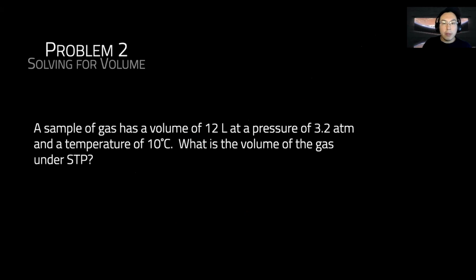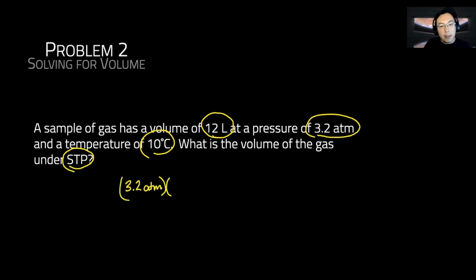And the last problem. So we have a sample of gas at a volume of 12 liters at a pressure of 3.2 atmospheres and a temperature of 10 degrees Celsius. It says, what is the volume of the gas under STP? So we have an initial sample of pressure 3.2 atmospheres, right?